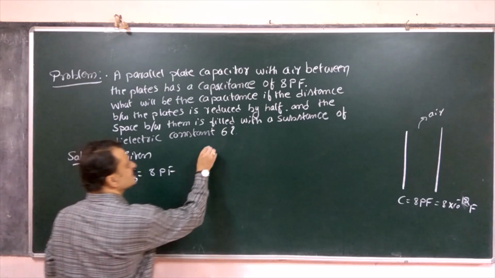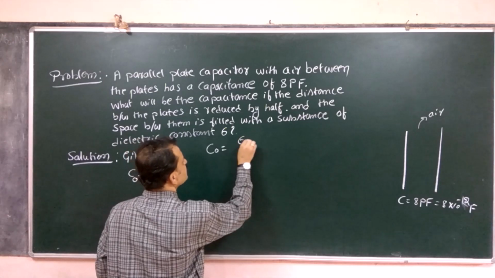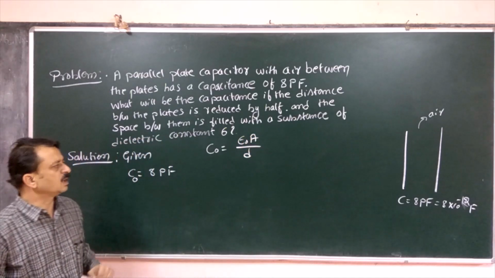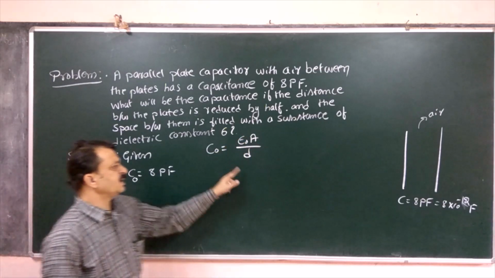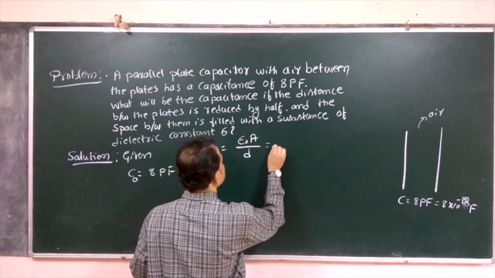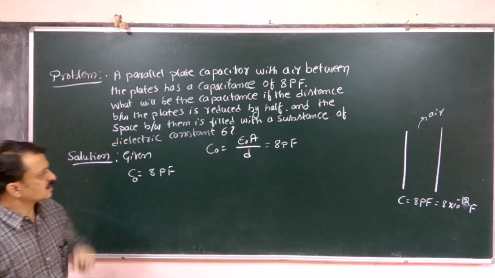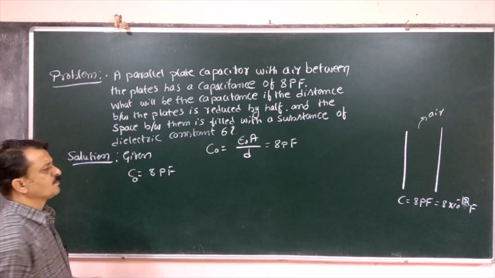We know that capacitance of a parallel plate capacitor in air medium is epsilon naught A divided by D. General formula. A is area of cross section of each plate and D is the distance of separation. Now its value is given, that is 8 picofarad. That's clear. Now they are reducing the distance.